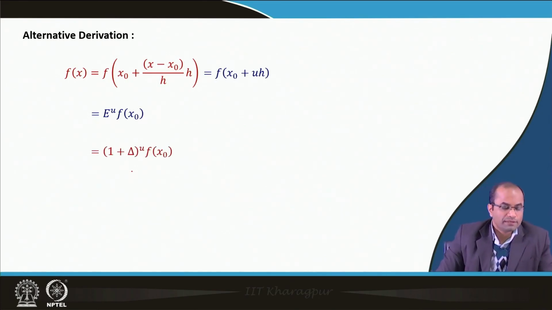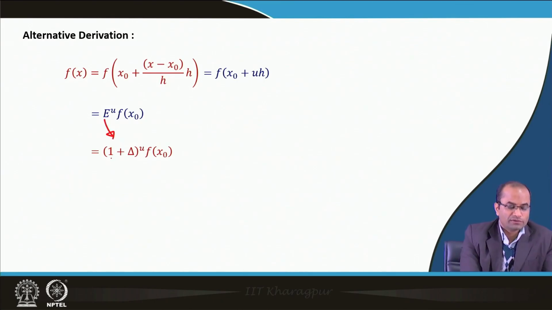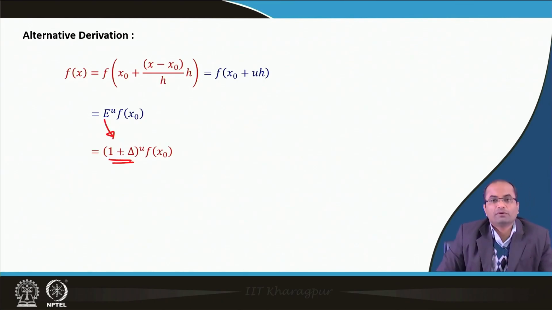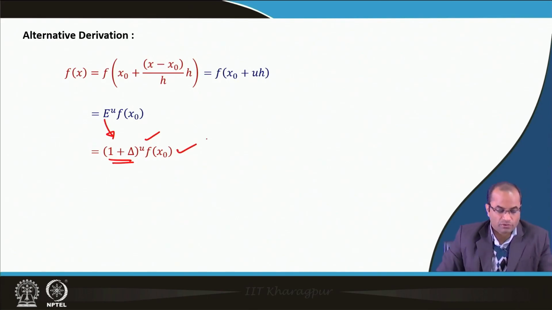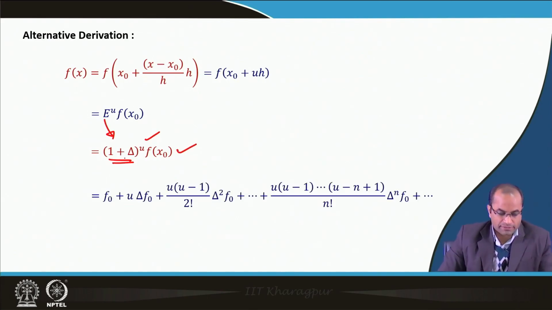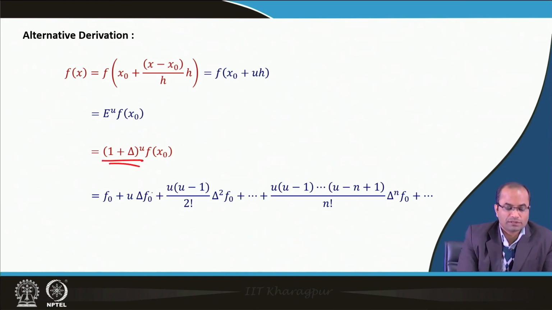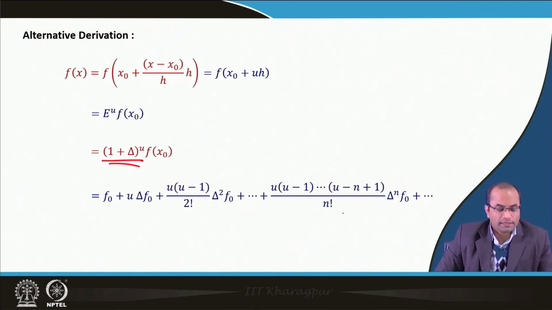So, this is a quick derivation sort of, which will lead to the formula which we have just derived, and that relation we have also seen, that E we can write as 1 plus delta, again this power u will come on f x naught, and then we can expand this 1 plus delta power u, it is a kind of binomial expansion.